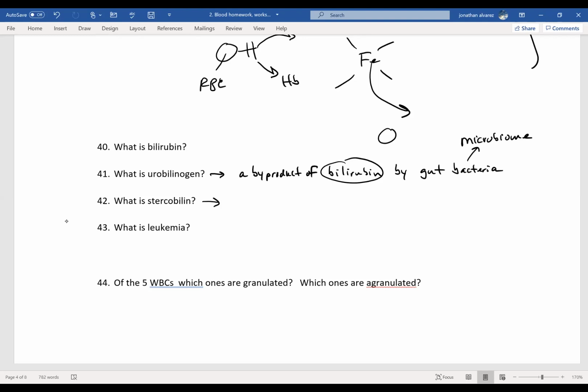Okay, this is pigment from the end of the heme breakdown. This is what gives stool its brown color.